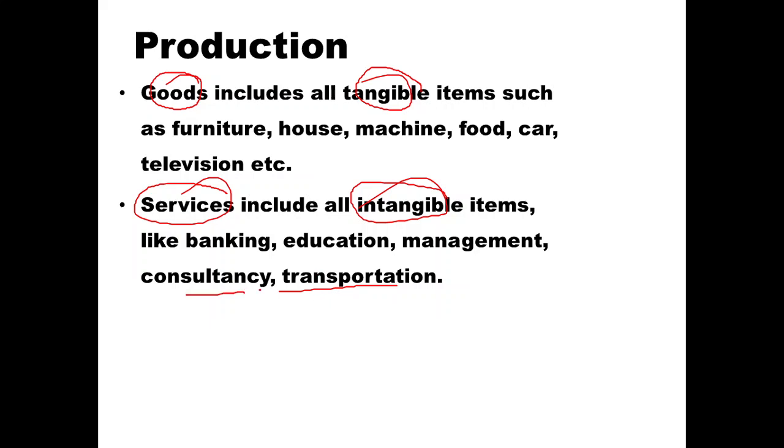Consultancy services like CA's consultancy, doctors' prescriptions, all these are part of the service sector or service production. So production can be of either goods, that is tangible items, or services, that is intangible items.